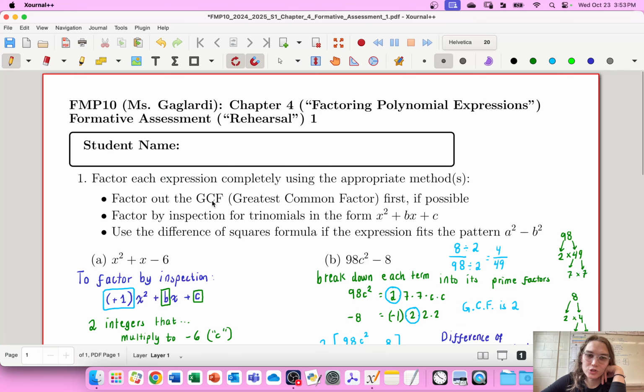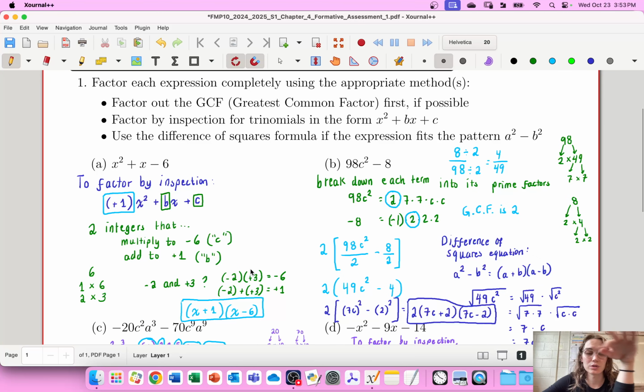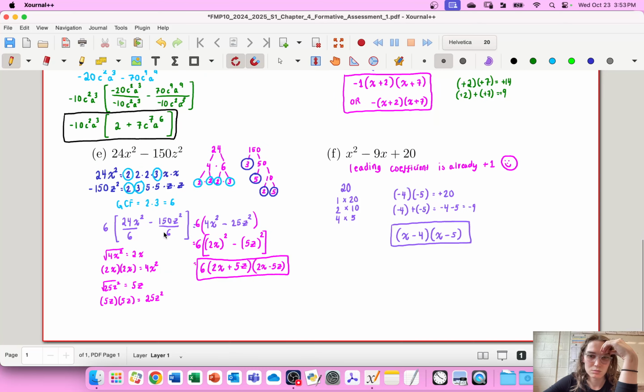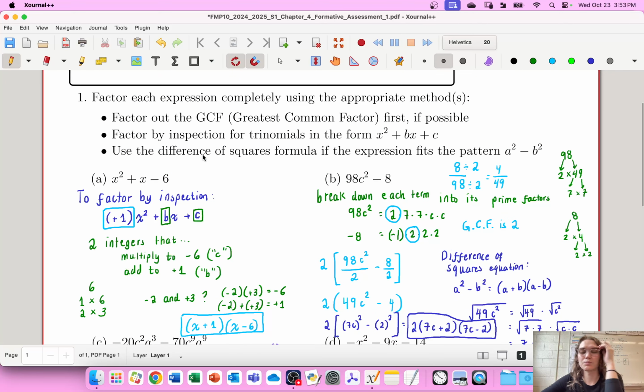Always factor out the GCF first, and then it becomes clear: am I dealing with factoring by inspection for a trinomial, or am I dealing with a difference of squares? Those are the only things we covered in chapter 4, so those are the only possibilities on the table. Okay.